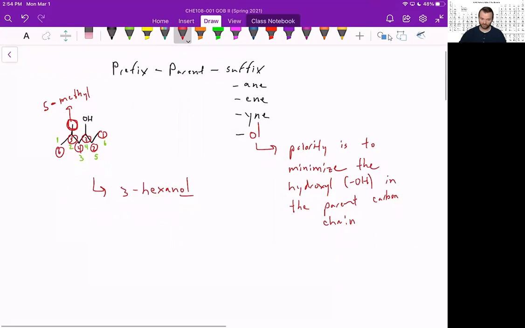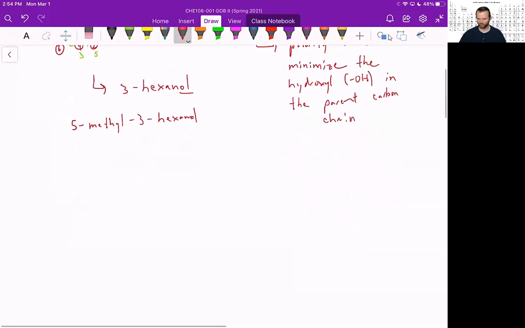So the full name of this alcohol is 5-methyl-3-hexanol. So very similar to alkane nomenclature, but the priority is minimizing where the hydroxyl group is. And some more practice.